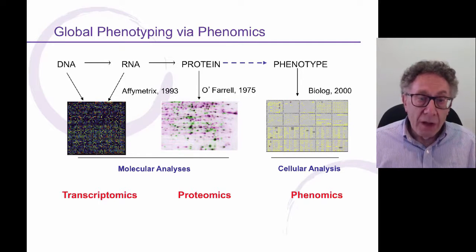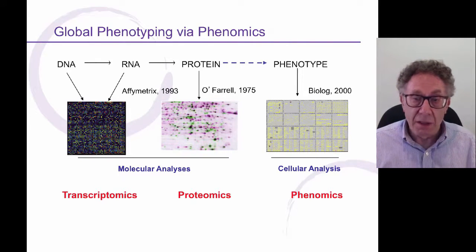With the molecular analyses, one measures levels of RNAs or proteins and then extrapolates or guesses as to how that will result in biological changes in the cell. One of the big advantages of Phenomics is that it's measuring at a higher level, at the cellular level, where you're actually seeing what important changes are occurring in the living cells.